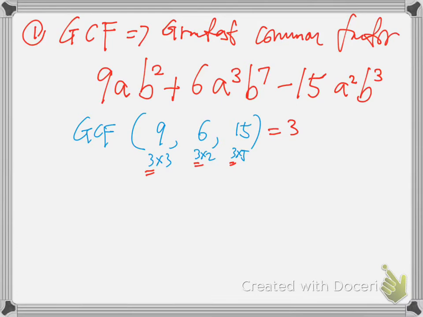And then we look at letter a. For letter a, what do we have? We have a in the first term, a cubed in the second term, a squared in the last term. So what do we need? We need the smallest exponent.